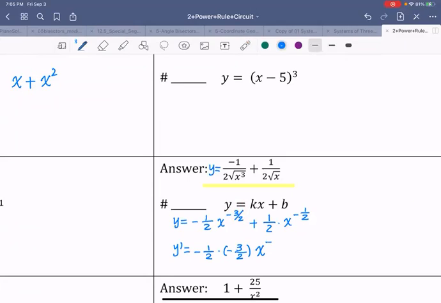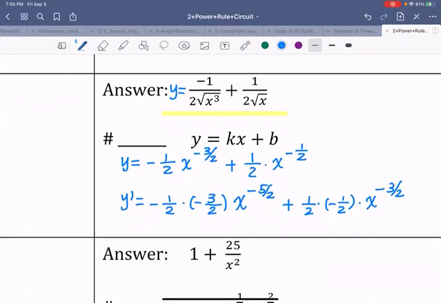Yes. -5/2. And then plus 1/2 times -1/2, and then x to the power of how much? -3/2. If we want to further write this without the negative exponent, what do we do?